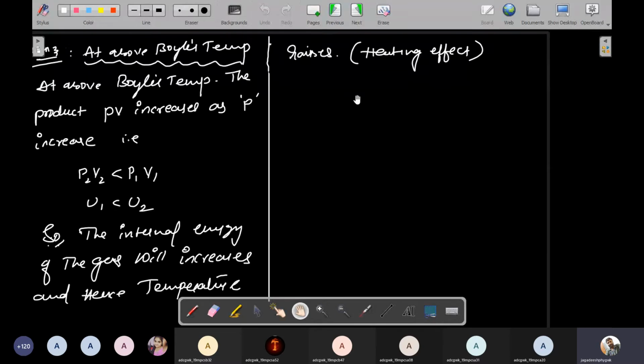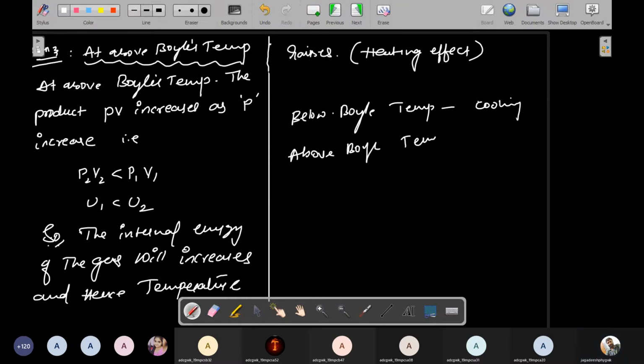So we can finally conclude that below the boil temperature, it always shows a cooling effect. But above the boil temperature, this experiment shows a heating effect.